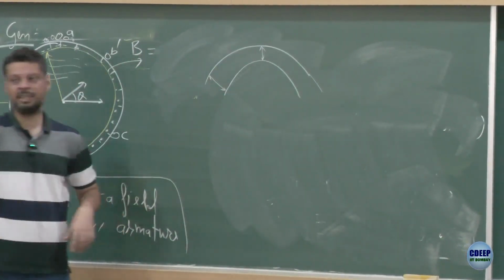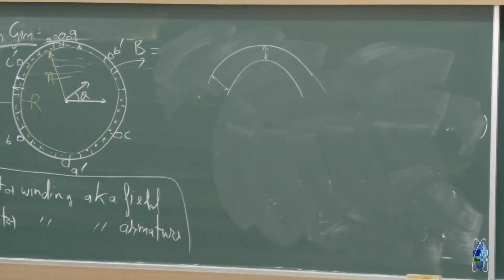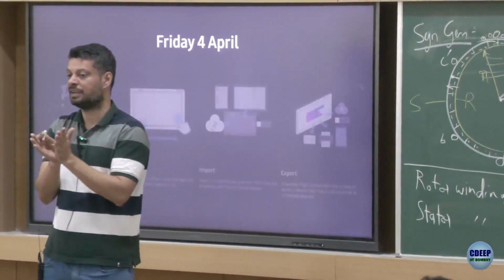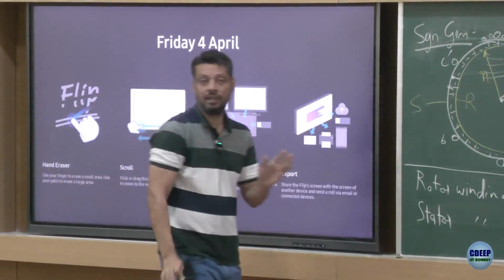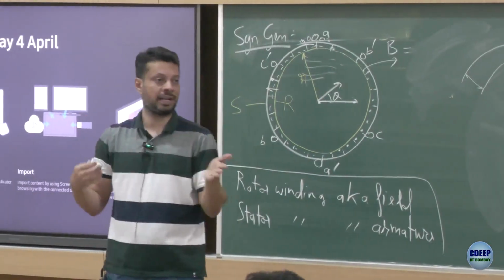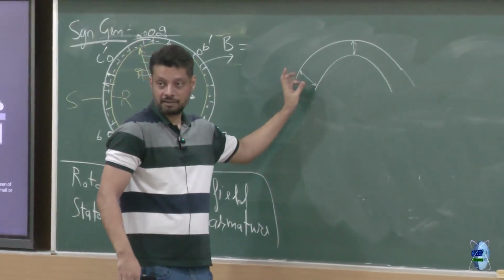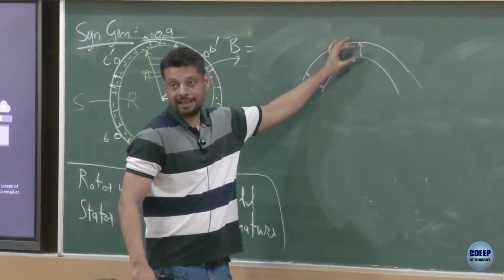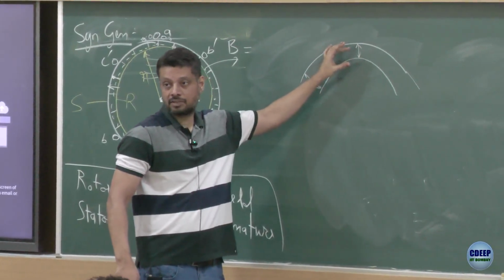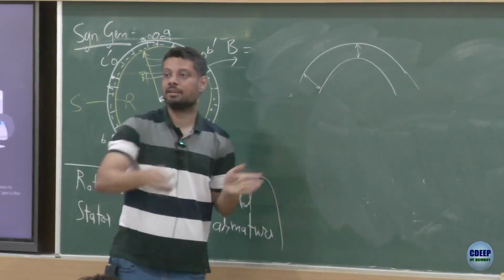if the gap between the rotor and stator is not uniform, that would mean that the same amount of flux will not flow through each of them, because there is different reluctance. You remember reluctance: if you have more air gap, that means more reluctance. So here a bigger air gap means more reluctance, lesser flux will flow. A smaller air gap means smaller reluctance, more flux will flow. So this is one way of getting sinusoidal flux.